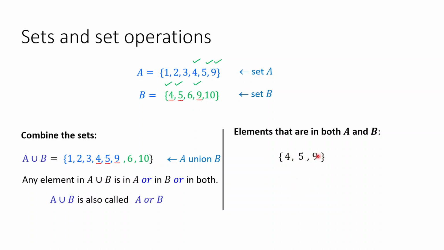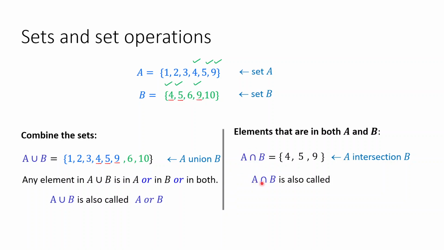So these are the elements that are in both A and B. We call this set A intersection B. We write A intersection B as A, the symbol B. This is A intersection B.